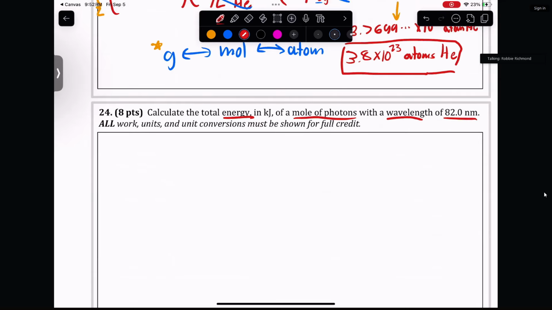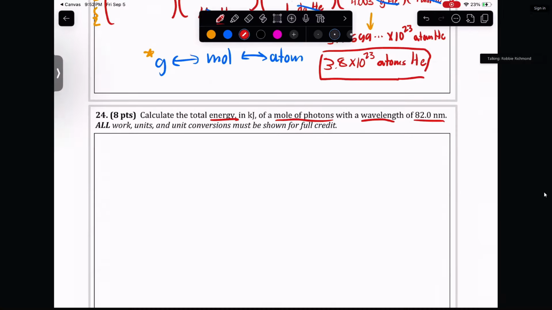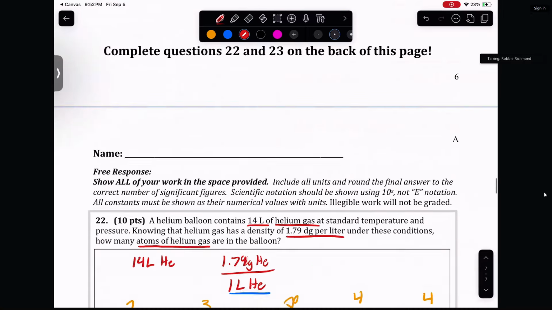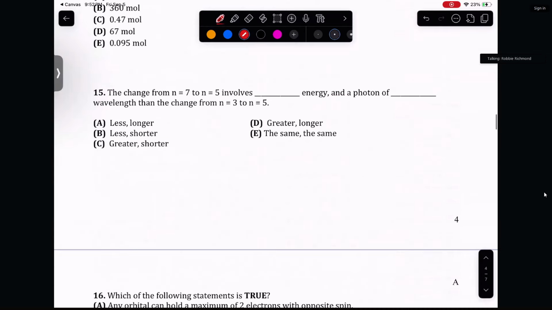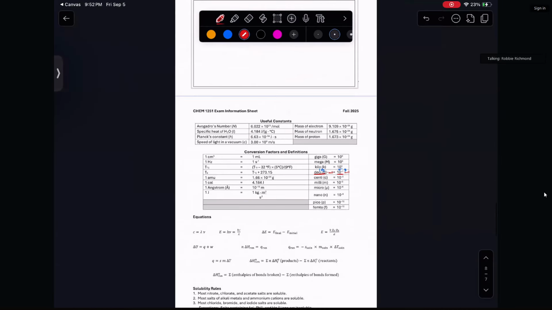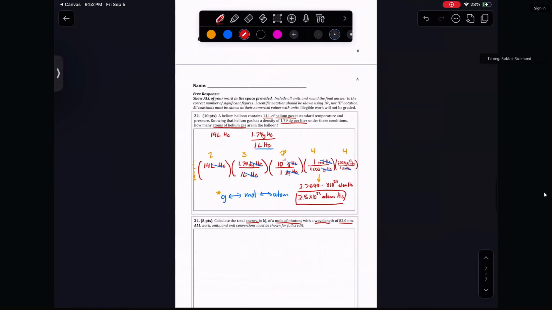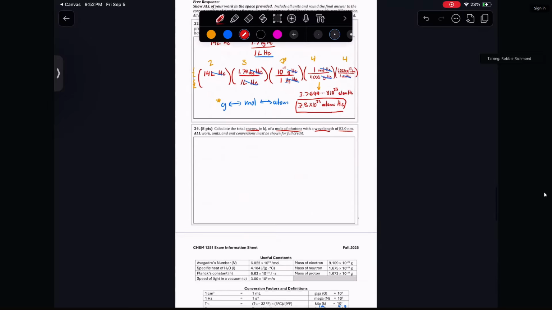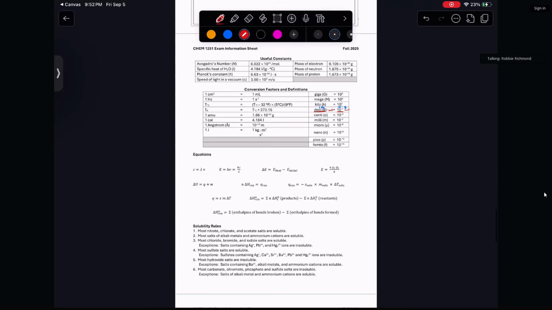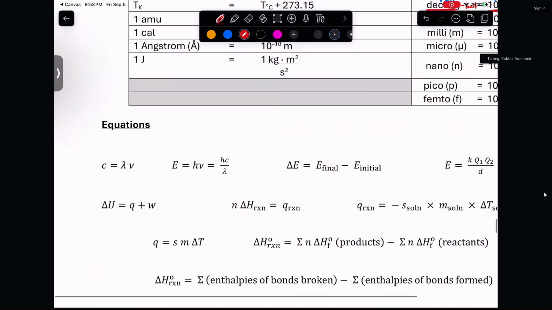So how can we convert this in normal everyday language? By using the exam information sheet, let's look at what relationship we have talked about that talks about wavelength, energy, and maybe photons. Look at this. I see energy, I see wavelength. This is probably the equation that I should use.